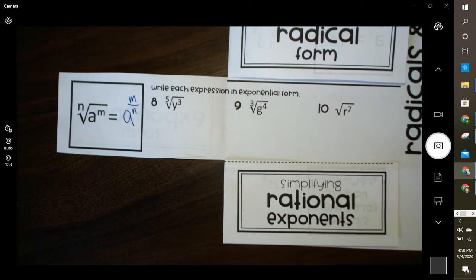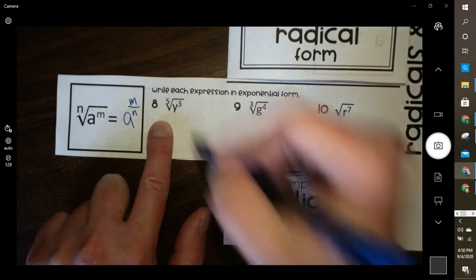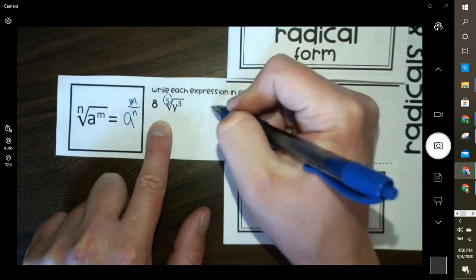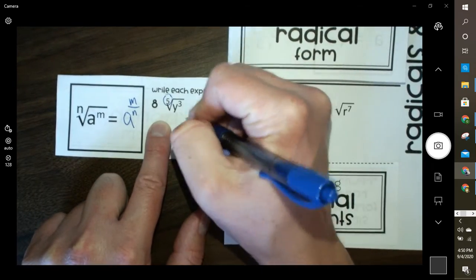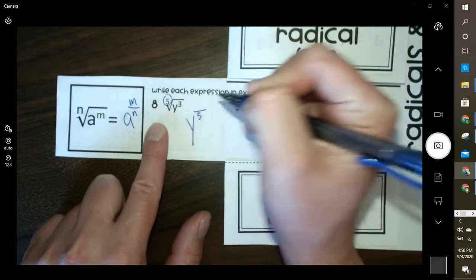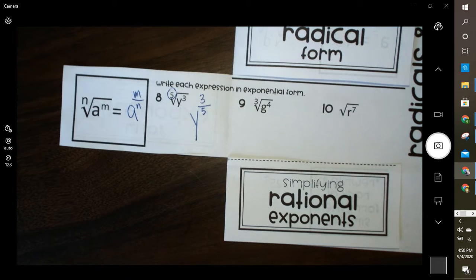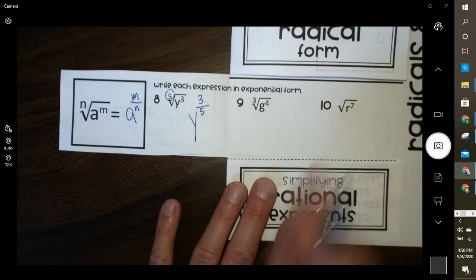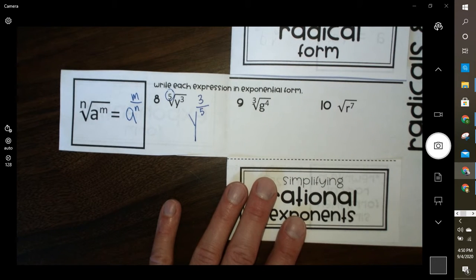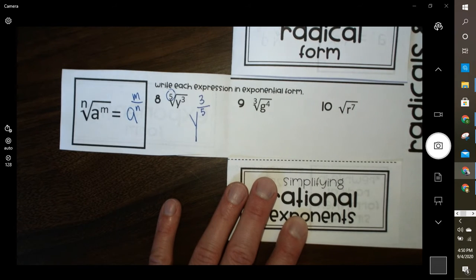Again, that 5 is going to jump into the denominator of the rational exponent, and the 3 kind of stays on top. I don't have a really good saying for that, but if you come up with one while we're watching this video, please raise your hand and share, if you have a good way to memorize the way these are moving around. Go ahead and finish those last 2 here, and look back and check, make sure you did them correctly.